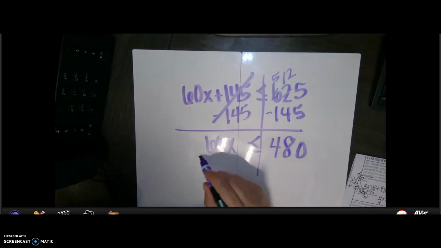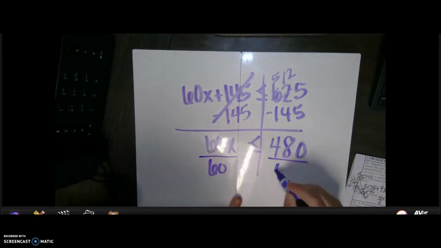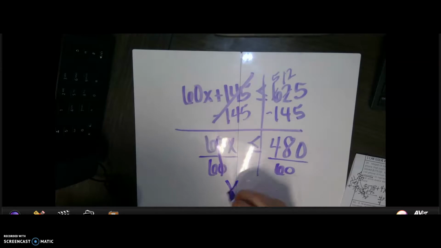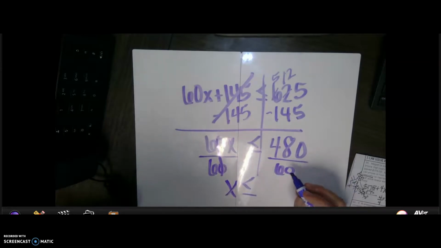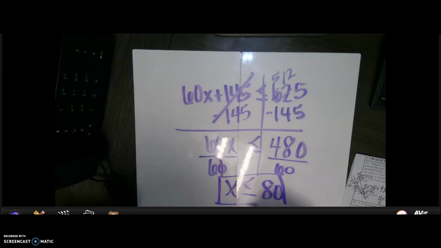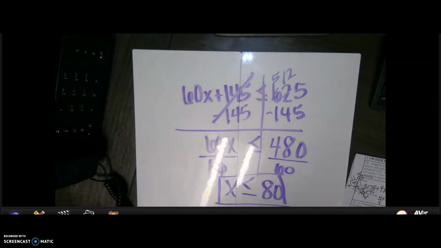Okay, and then we want to divide both sides by 60. So x is less than or equal to 480 divided by 60 is going to be 80. So x is less than or equal to 80.